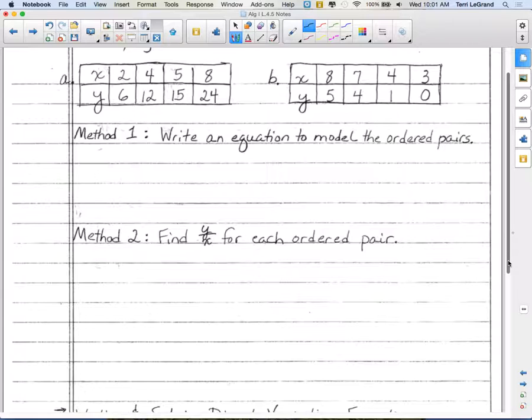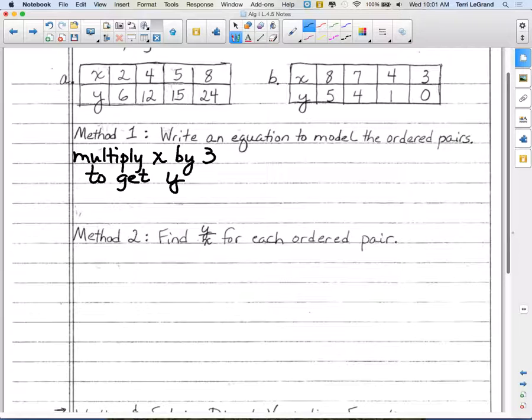Multiply by 3. Does it work every time? 2 times 3 is 6, 4 times 3, 5 times 3, 8 times 3. It works every time. So you multiply x by 3 to get y.